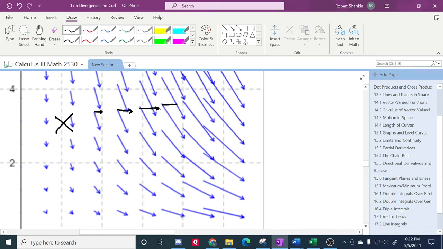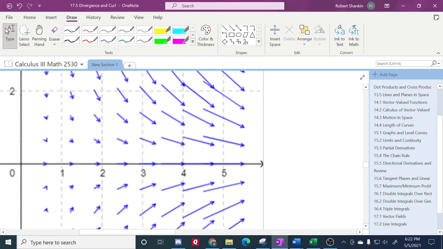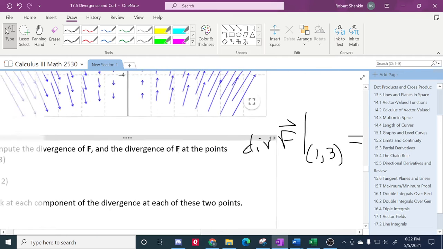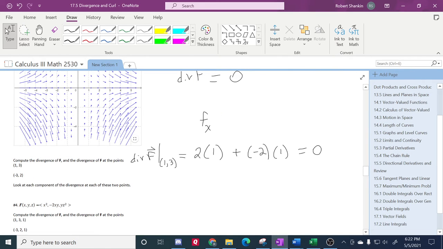I have to move up a little bit to follow these vectors, but basically I'm moving to the right, and I'm seeing that the x components of the vectors are getting longer and longer, and that is expansion. So the factor regarding this is positive divergence.